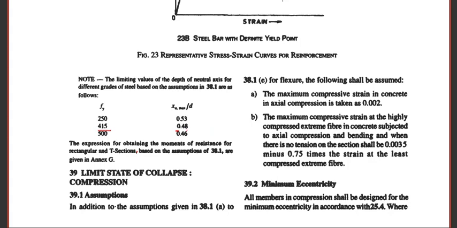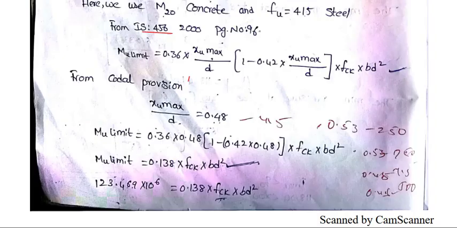For the remaining values, Xu max by D is 0.48, so 0.36 into 0.48, and fck is equal to 20.